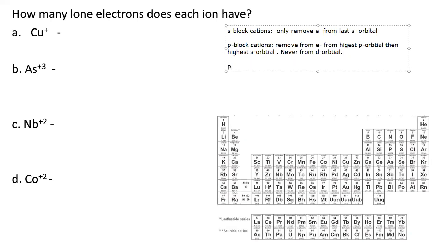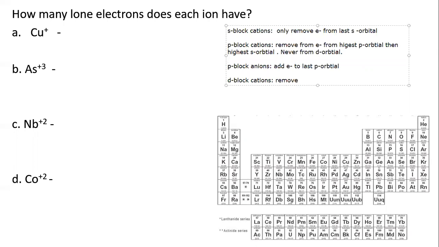For p block anions, add electrons to the last p orbital. And then the main one is the d block cations.